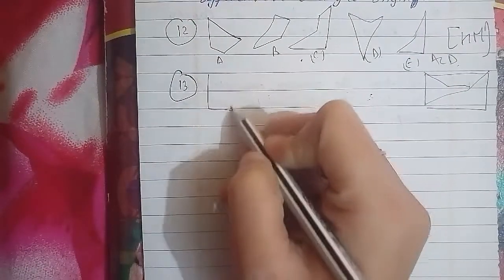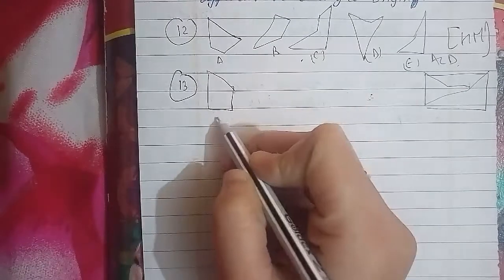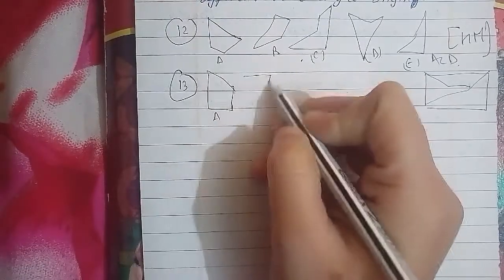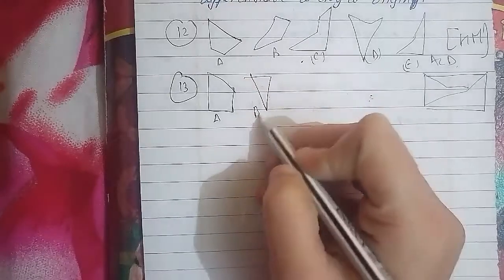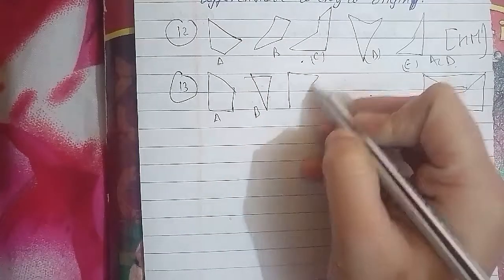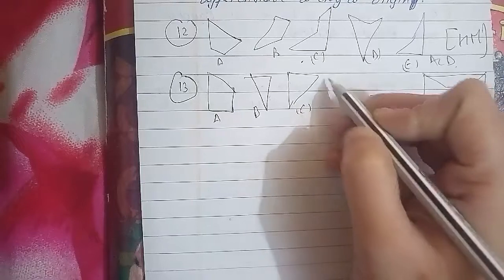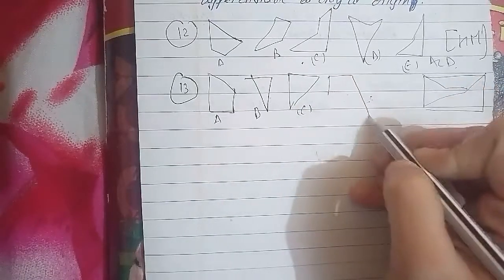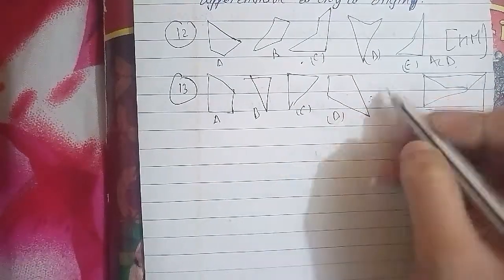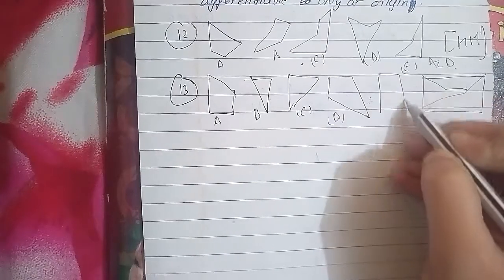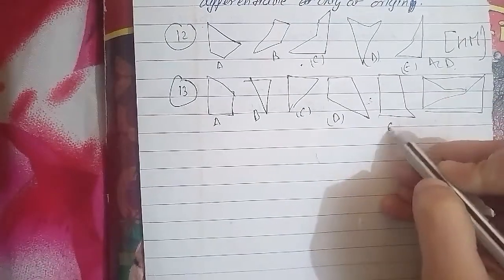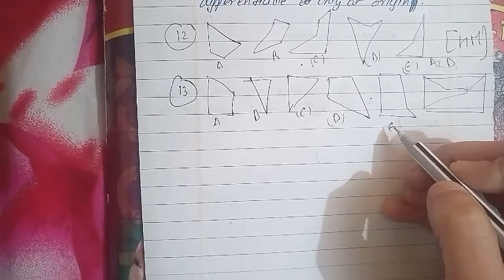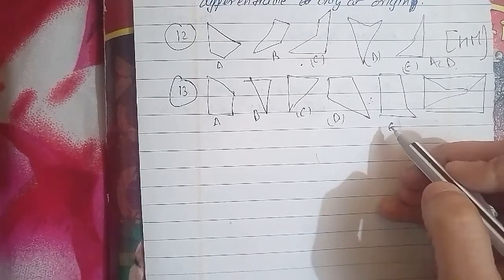Which is important: figure A, figure B, figure C, figure D, figure E here. The options we have are ABC, ABE, ABCD, and BDE.